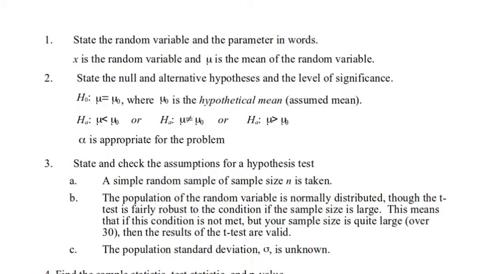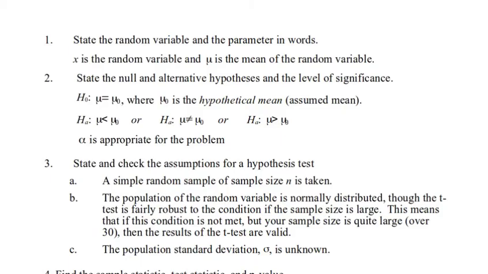A hypothesis test when the population standard deviation sigma is unknown has the following setup. First, you state the random variable and the parameter in words. X is the random variable and mu is the mean of the random variable. Then we state the null and alternative hypotheses and the level of significance.